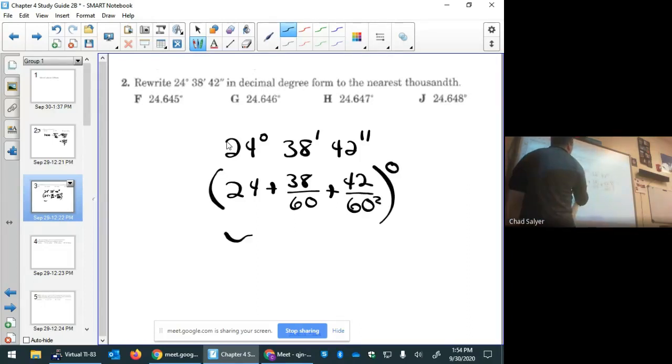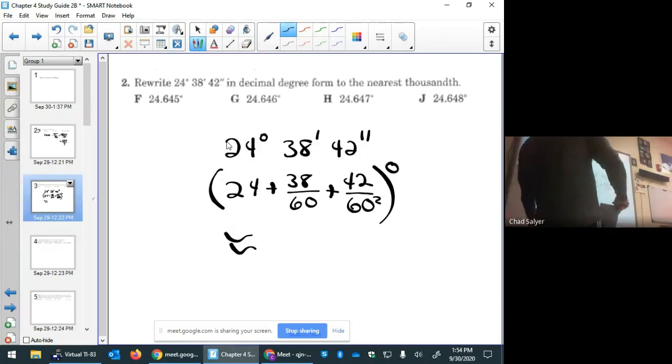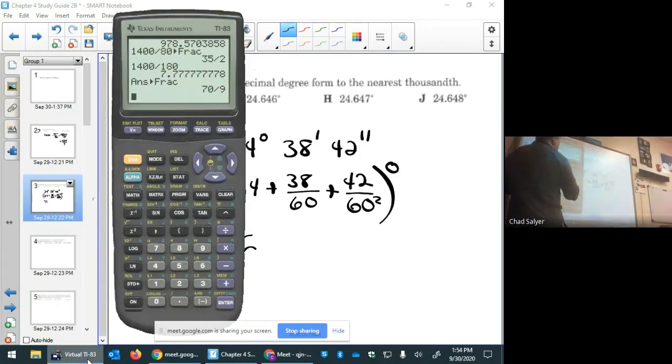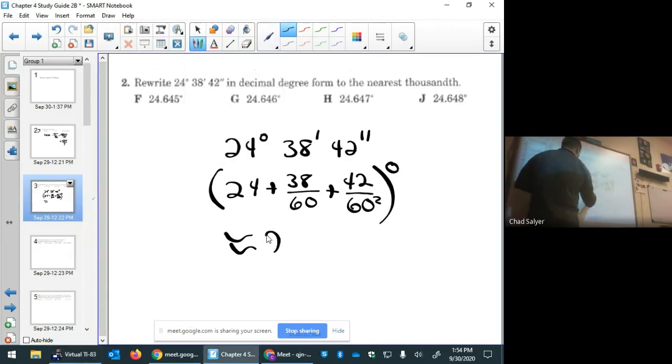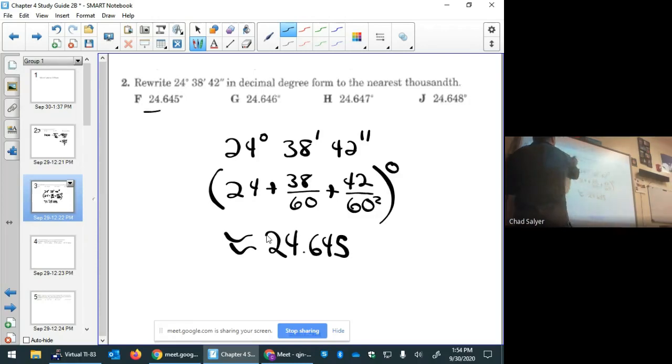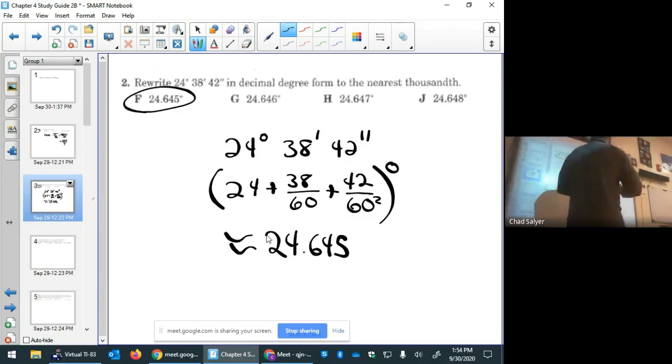We're going to convert that to a decimal, to the nearest thousandth. So 24 plus 38 over 60 plus 42 over 60 squared is 24.645. And it is an exact thousandth, so that's F as in foxtrot.